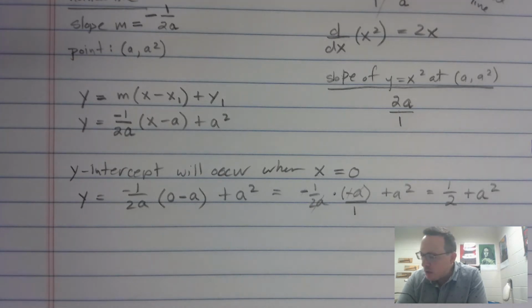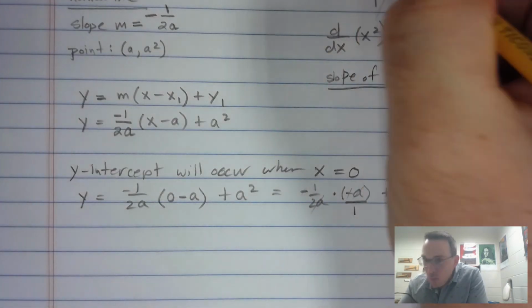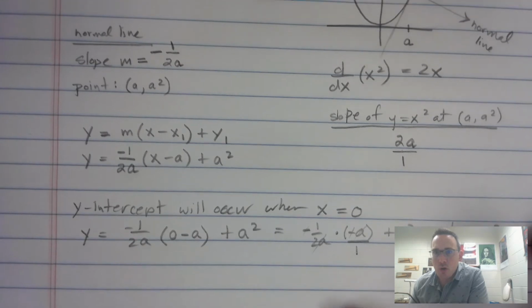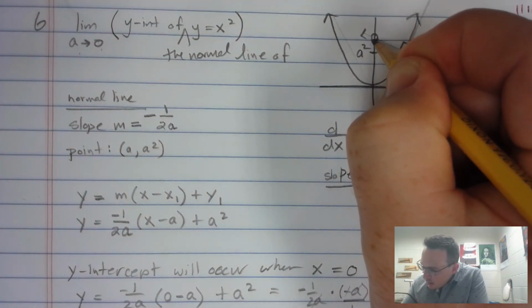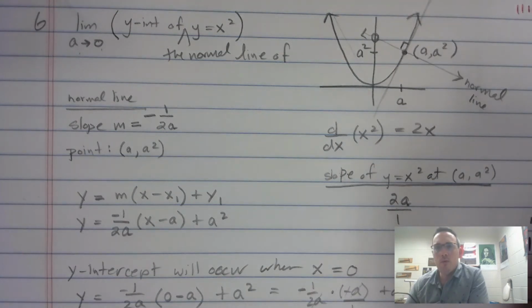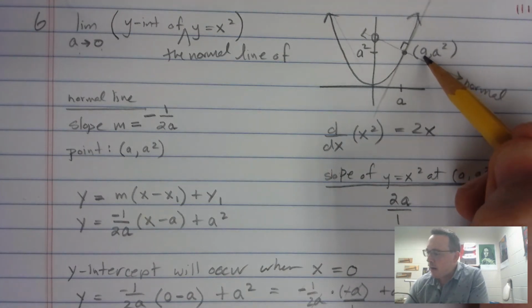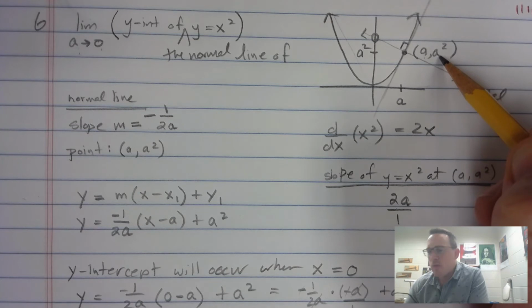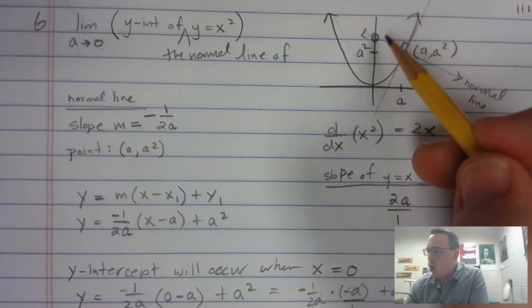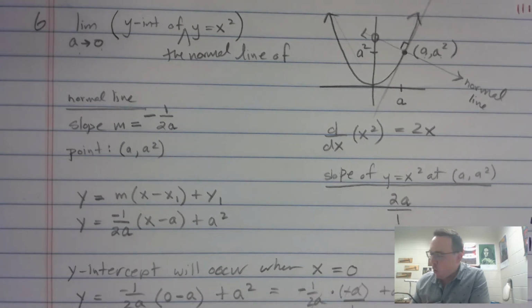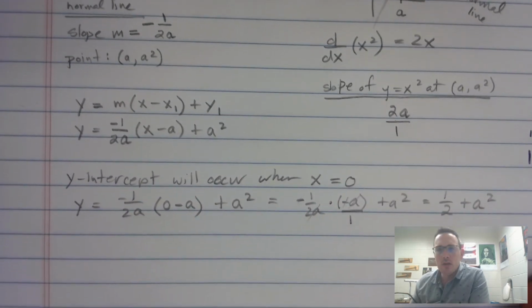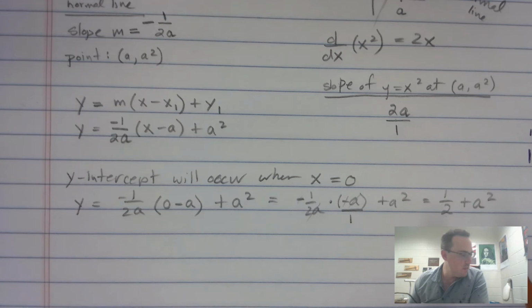The y-intercept here does not depend upon the value of a. So this point right here that we marked with the open circle doesn't move. No matter where we are, a comma a squared on the curve, the normal line always passes through that same point. It is the point that has the y-coordinate of 1/2 plus a squared.